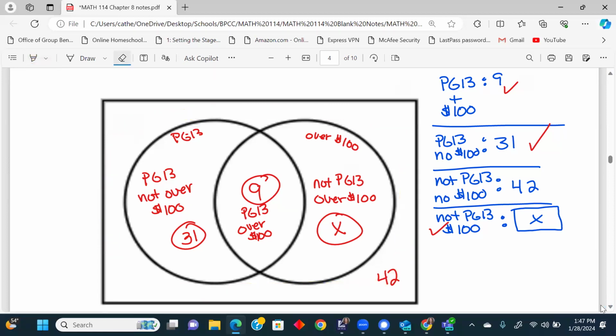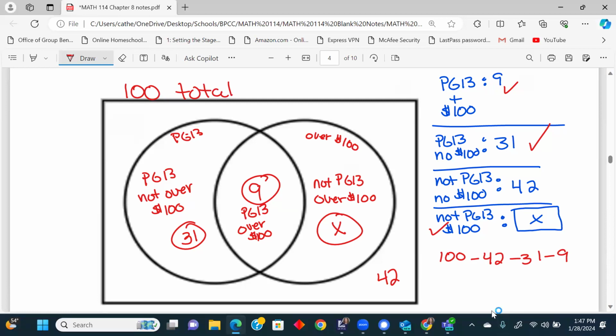Okay. All right, so how do we find X? All right, so there were 100 total. We subtract the 42. We subtract the 31. And we subtract the 9 because this whole box here is 100 total. Okay, 100 total movies.